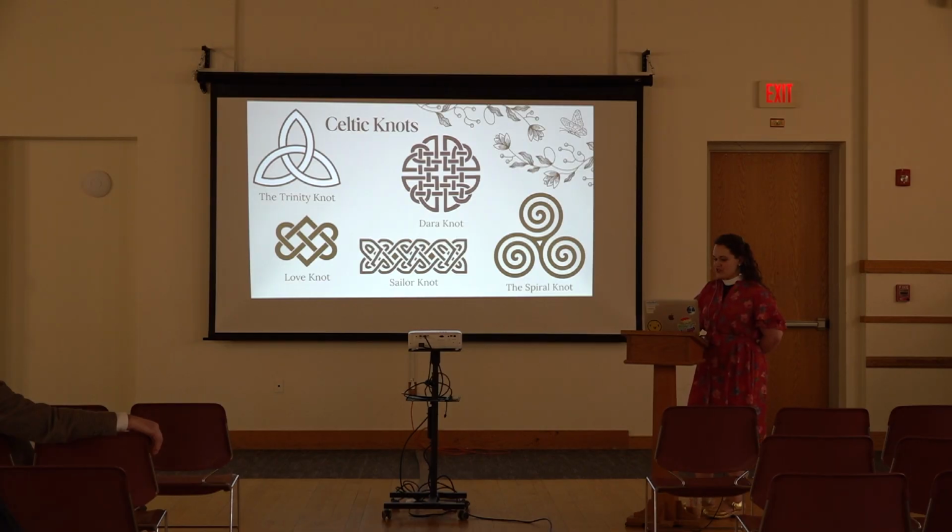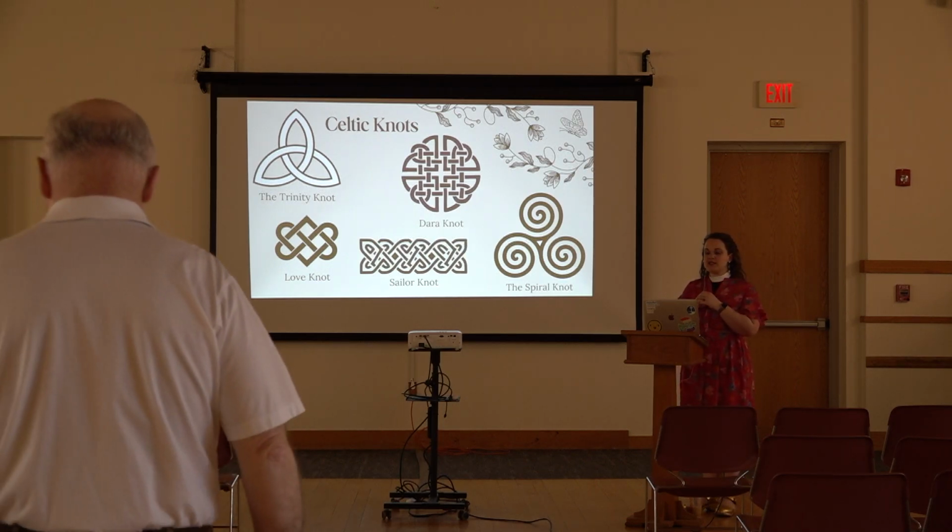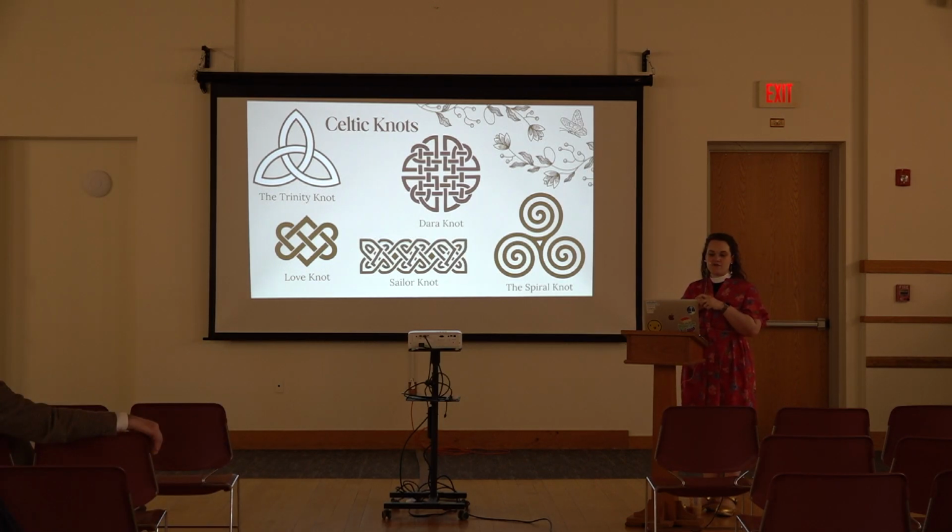The sailor's knot, I find this one really interesting. I wasn't particularly aware of this one before. But it's intended to be two ropes that are woven together, which once that was pointed out to me makes perfect sense. So two intertwining ropes, and it symbolizes the love and friendship and the strong bonds that happen by going on long sea voyages together.